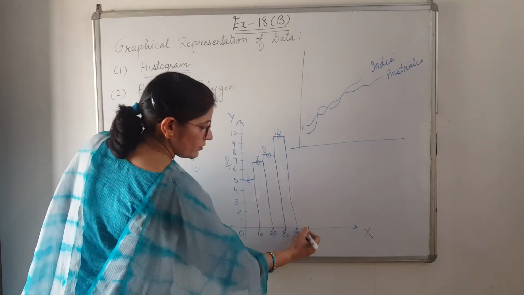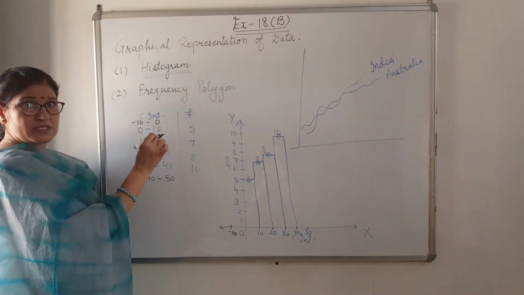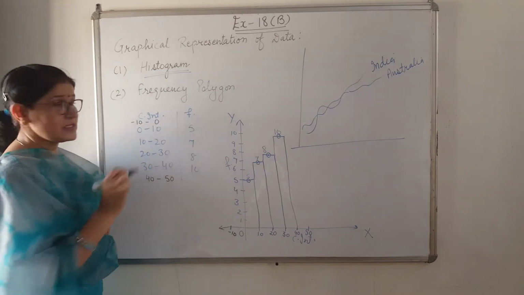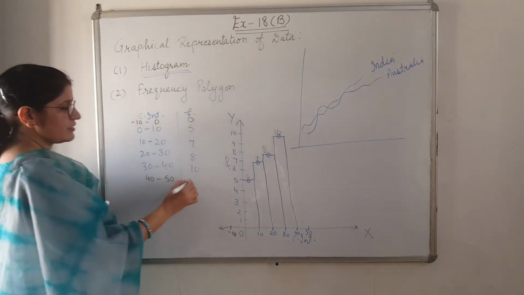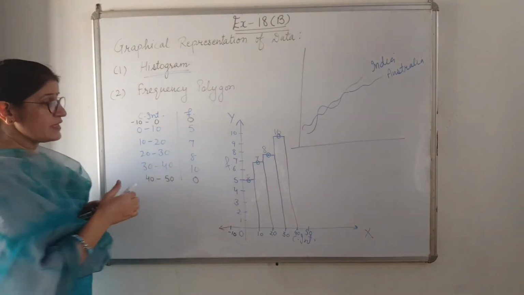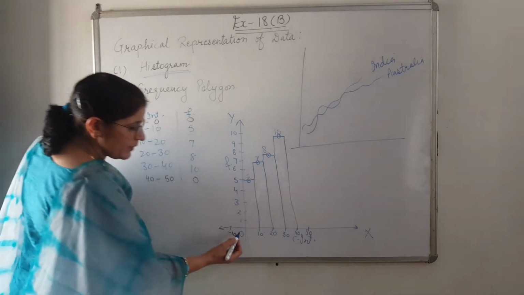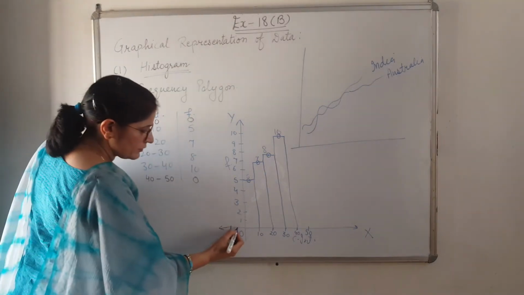Minus 10 to 0, this class interval does not have any frequency, so we will take it as 0. Similarly, here also we will take 0. Now, to make the frequency polygon, what will we do? We will take the midpoint of this one also. Minus 10 to 0, midpoint is minus 5.